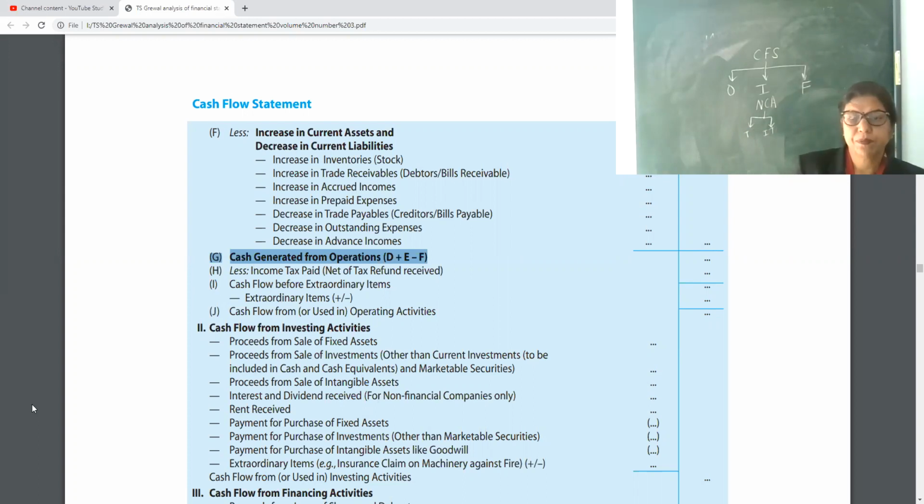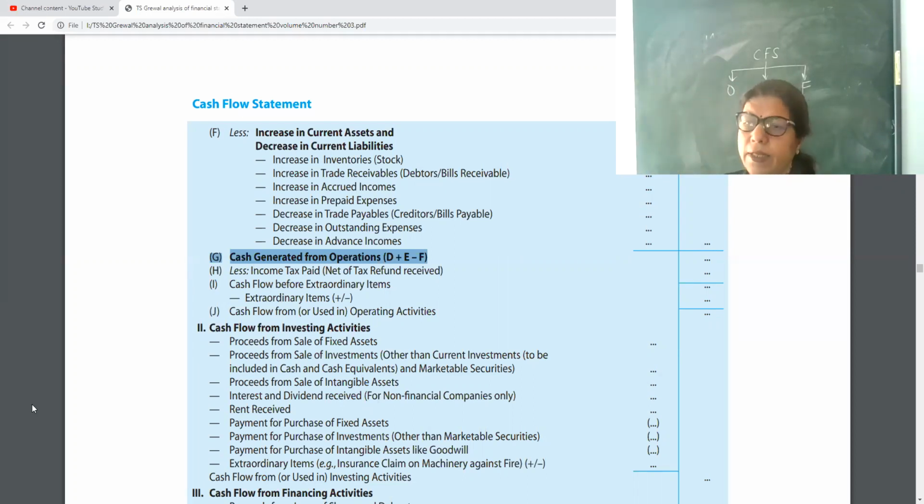Tangible means land and building, plant and machinery, furniture and fixtures, vehicles. All will be included in investing activity. And in investing activity, both inflows and outflows are there.